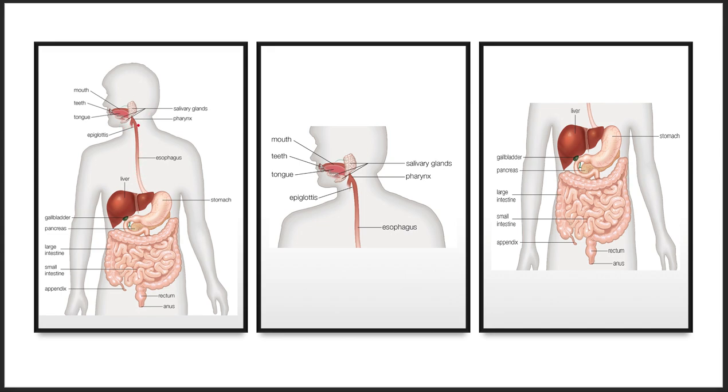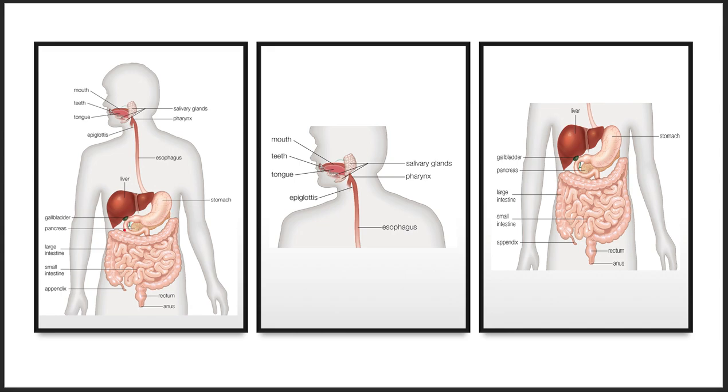Then we have the esophagus. This is called the food pipe. Then here we have the liver. This is the stomach. This green thing that you can see over here is called the gallbladder. And this thing that you can see behind the stomach is the pancreas.